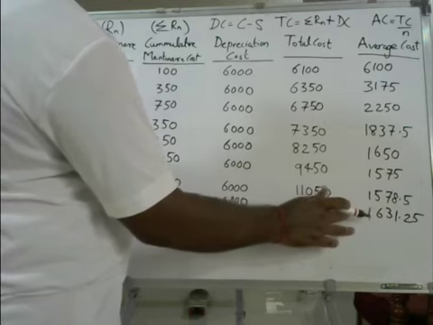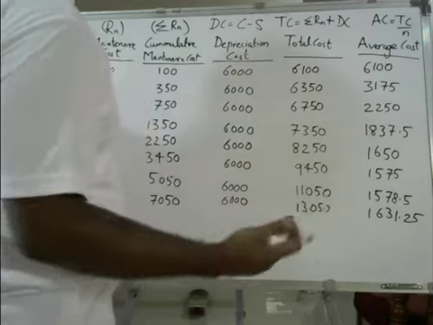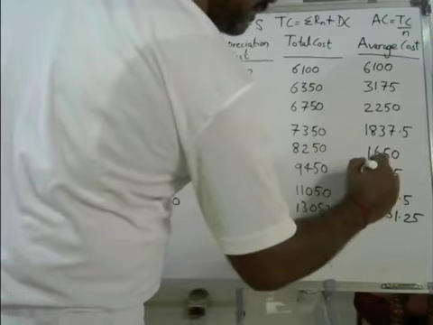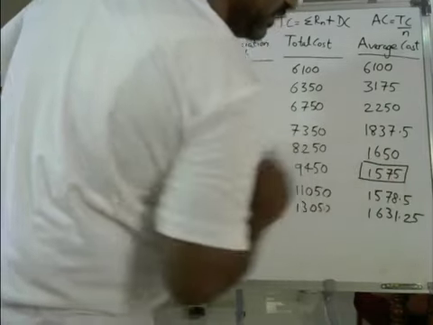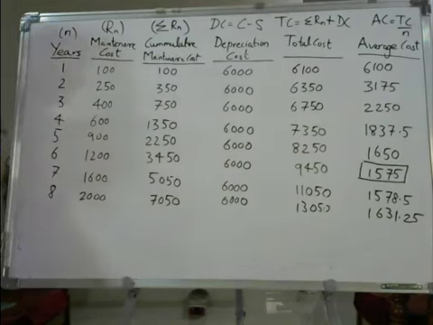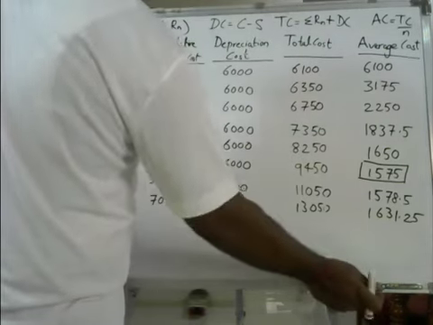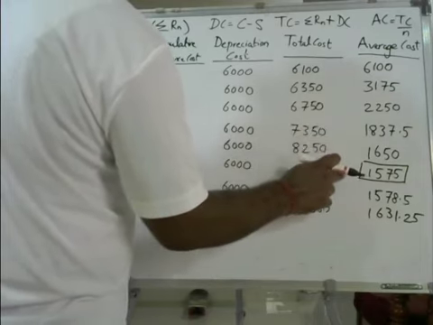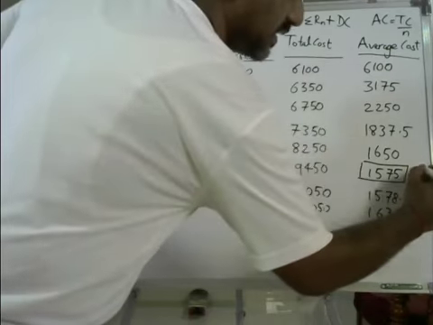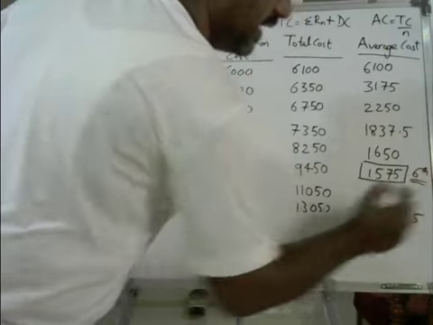It has increased again. So this year is the least. This is first year, second year, third year, fourth year, fifth year, sixth year. Now this is the sixth year where it has come down.